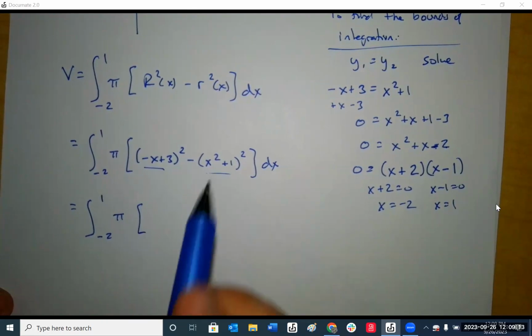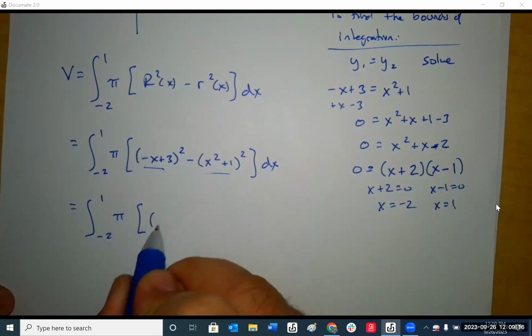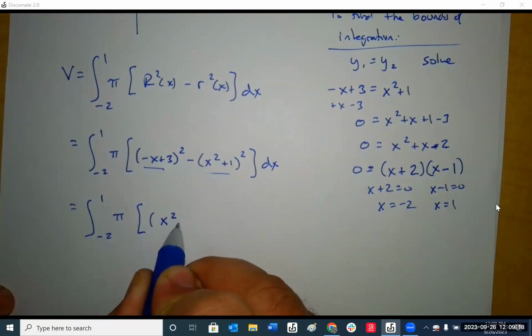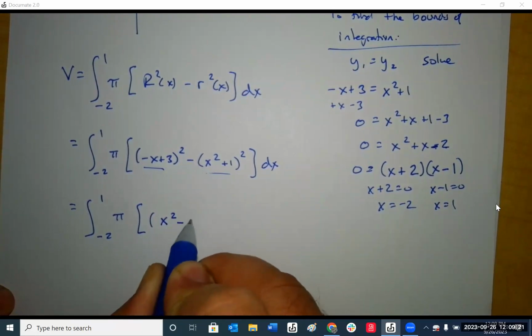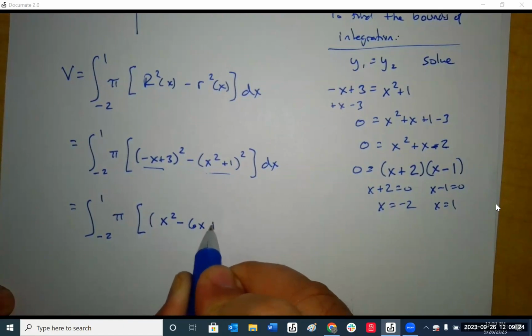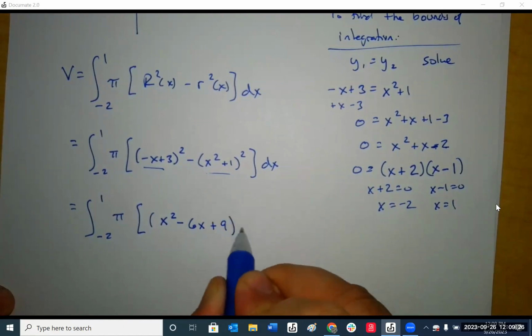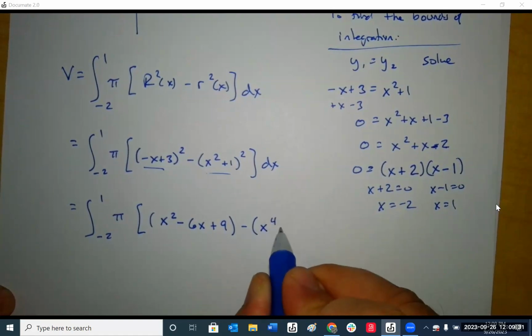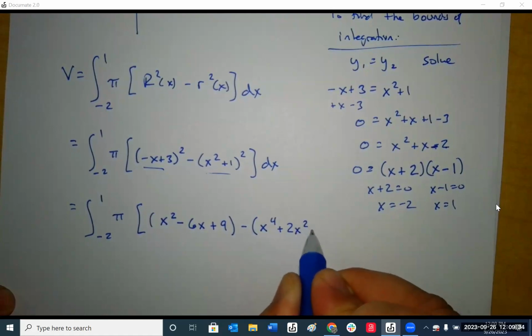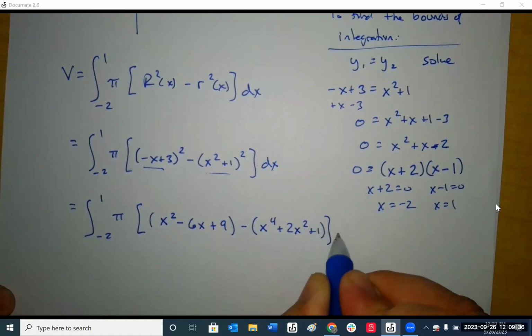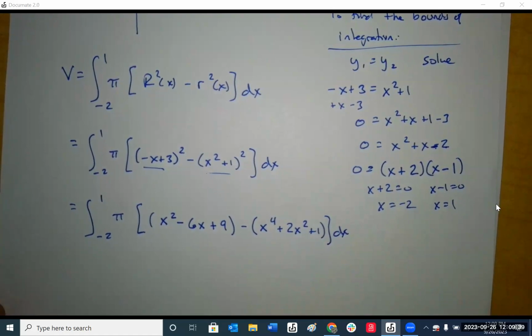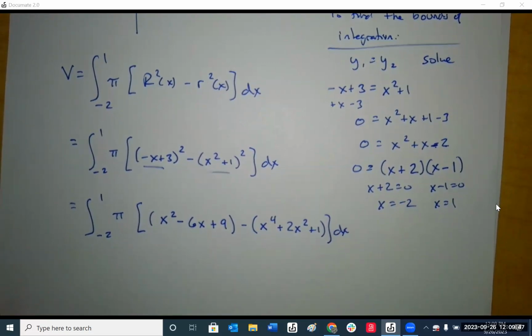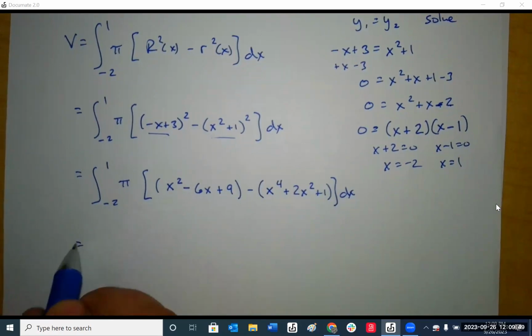So I have to FOIL both of these. It'd be x squared minus 6x plus 9, and x to the 4th plus 2x squared plus 1. Yeah, that pi can come out.